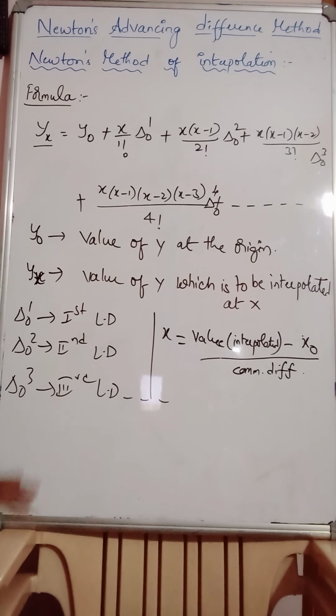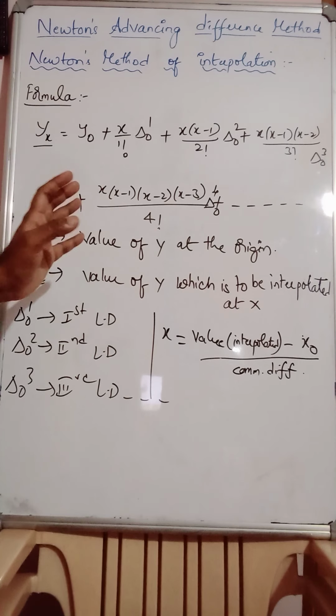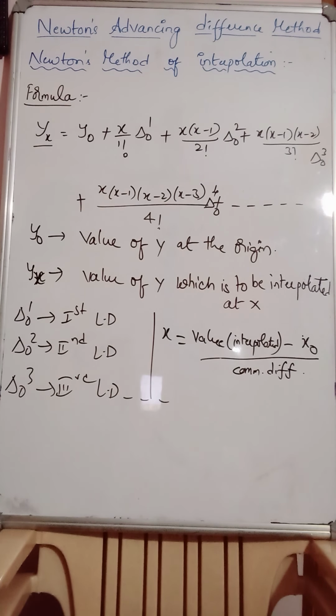Are you clear? So this is how you need to learn writing the formula. Very simple formula guys. Even when I show the difference table, the problem will become very simple. By using this formula, we can get the value of y which is to be interpolated at x.